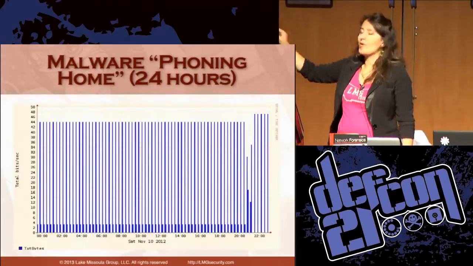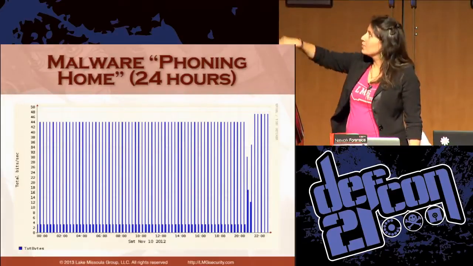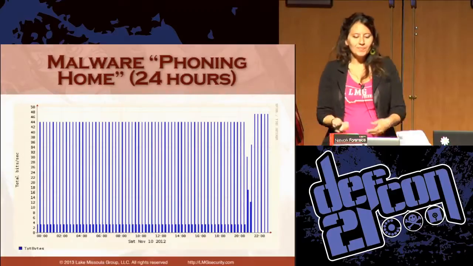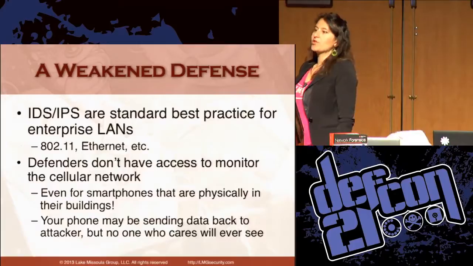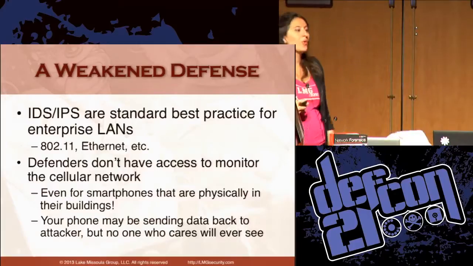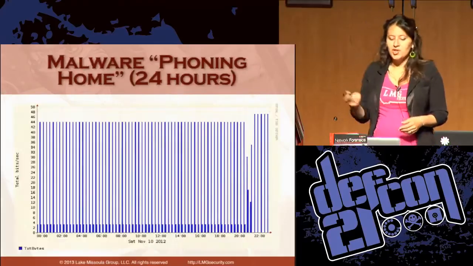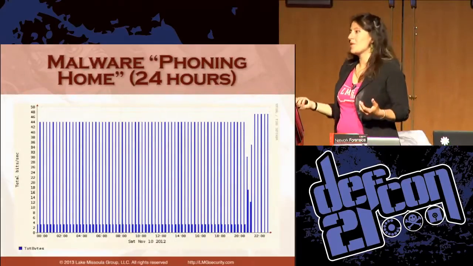Actually, I think first it phoned home to Ohio, and then it switched IP addresses. You can see that little blip there. And it started talking to another system in Taiwan. The same thing happens with smartphones. The Android Stealth malware by default phones home, or at least the sample we were analyzing phoned home, every 15 minutes. So you would see a chart that looks very similar to this with your smartphone, and of course the user would never be able to tell.